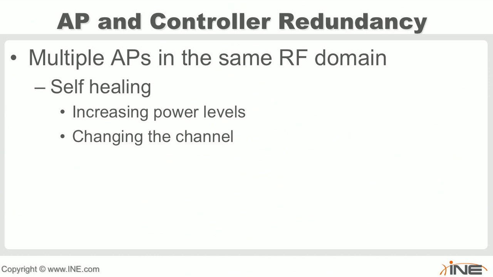But we do actually have the ability, provided we use non-overlapping channels, to have multiple APs, increase the overall throughput, increase the ability to have more clients in a given area, but then also have provisioning for self-healing. So the idea of self-healing is, in fact, let's just go ahead and draw some of this real quick. It will make more sense.